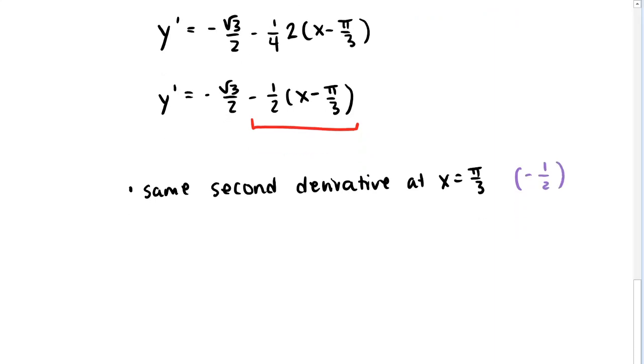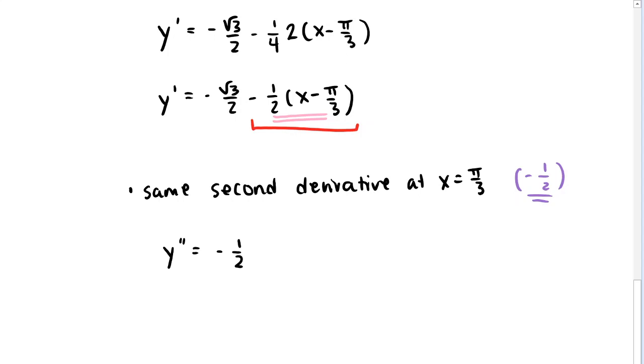And so if we take this first derivative function and we take the derivative of it again, well, that constant term vanishes and we're just left with negative 1/2. And so here, this linear part, the coefficient of that x term would just be negative 1/2. And so the second derivative here would just be negative 1/2. And so when we plug in x is equal to pi over 3, we get negative 1/2. We get the second derivative we're expecting. And so this quadratic function satisfies all of those different conditions.